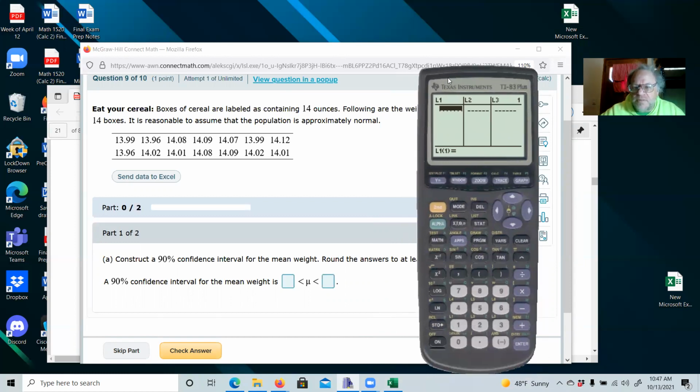Okay, so we're going to have 13.99. Okay, 13.96. 13.96, 14.02, 14.08, 14.01, 14.09. Let's get rid of that part.